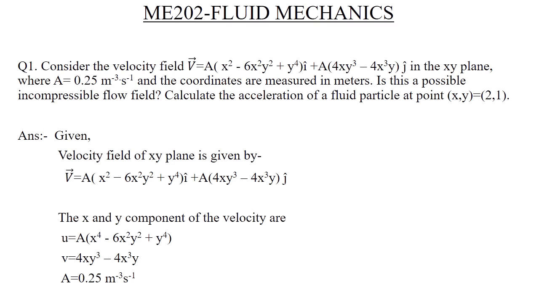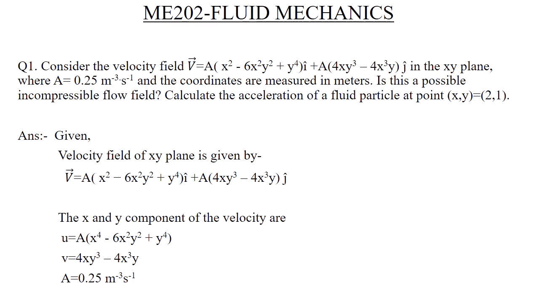So here is the first question. It says consider the velocity field v vector is equal to a within bracket x square minus 6x square y square plus y to the power 4 i cap plus a within bracket 4xy cube minus 4x square y j cap in the xy plane where the value of a is 0.25 per meter cube per second and the coordinates are measured in meters.